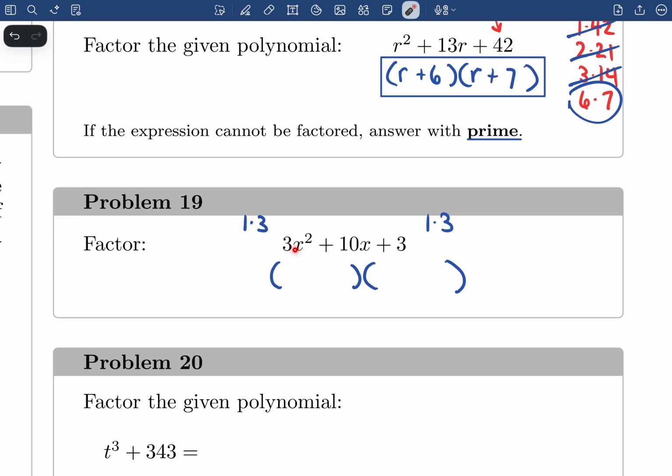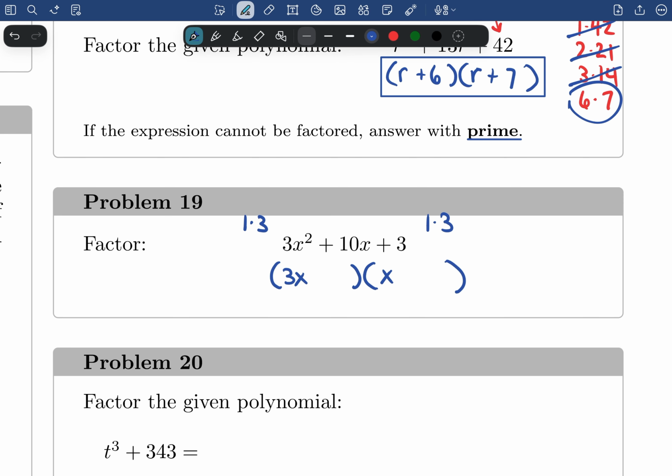These are the coefficients that go with x. All right, I'm going to put the 3x first and the 1x second because sometimes students like to have that larger coefficient in the first binomial and the smaller coefficient in the second one, but it really doesn't matter at this point. But what does matter is what you decide next.